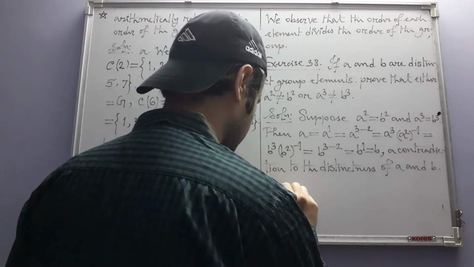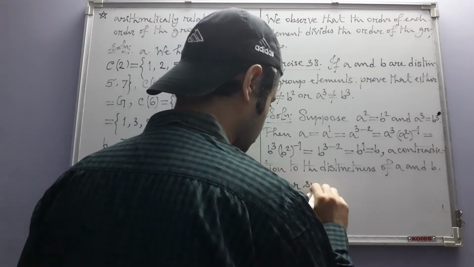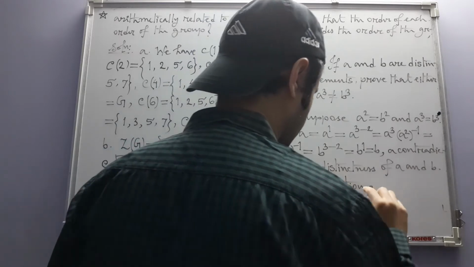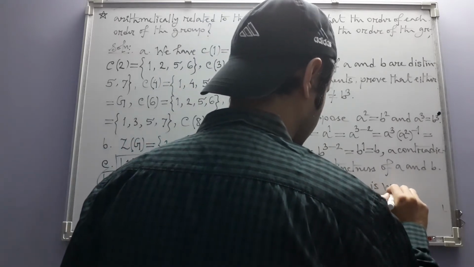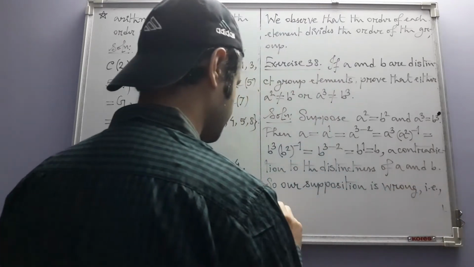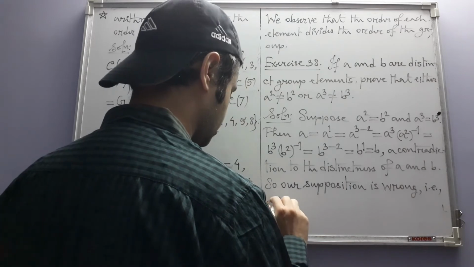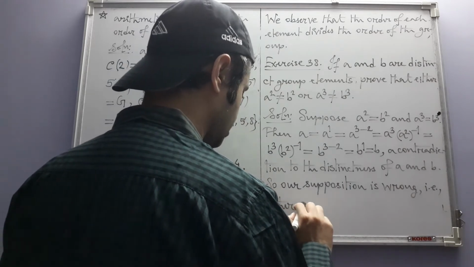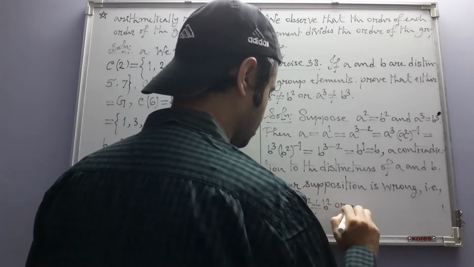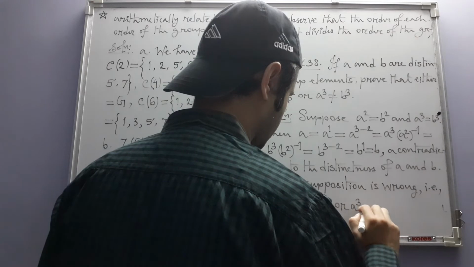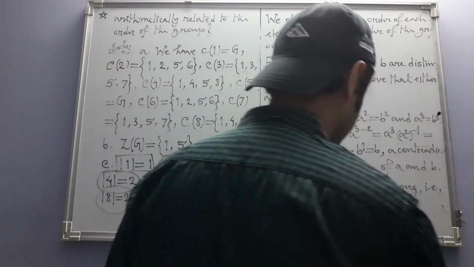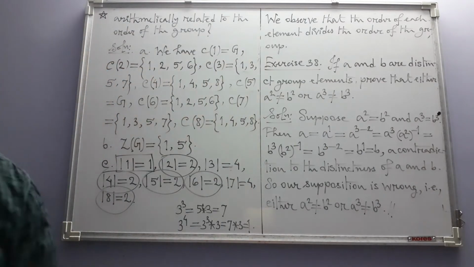So our supposition is wrong. That is, either a squared is different from b squared or a cubed is different from b cubed or both. So this completes the solution.